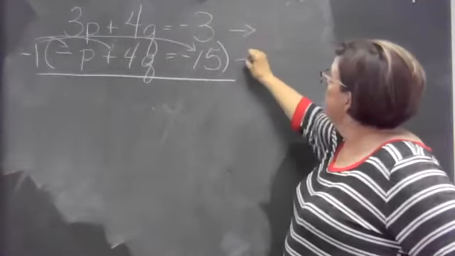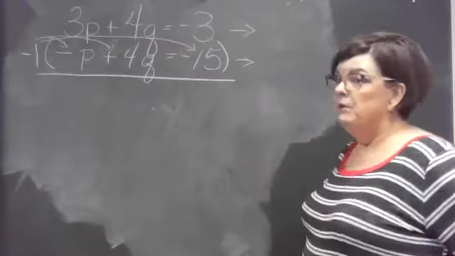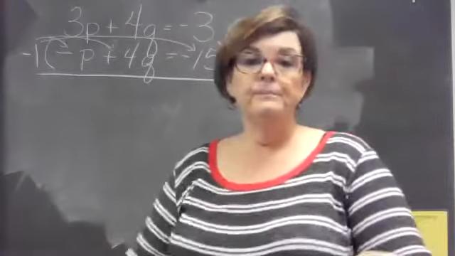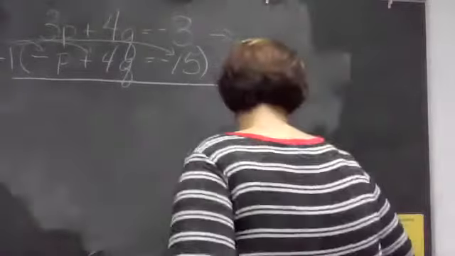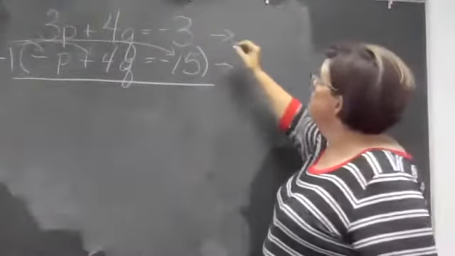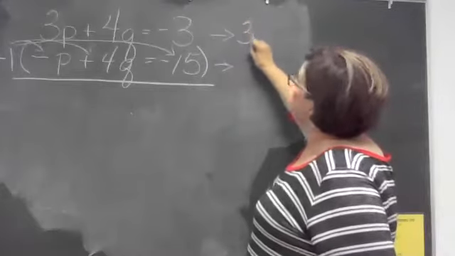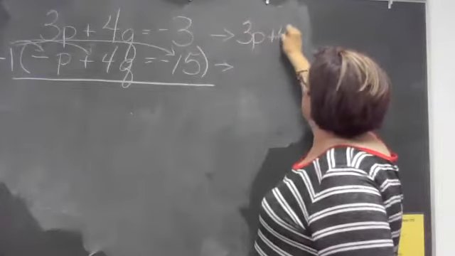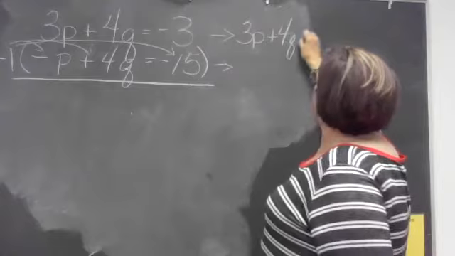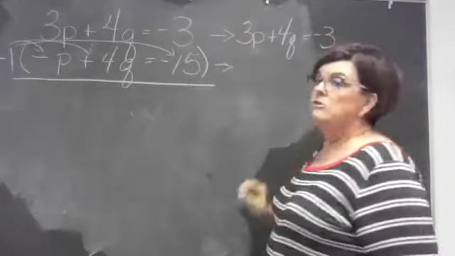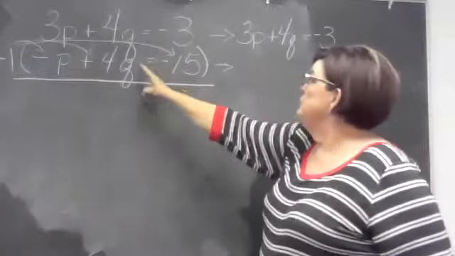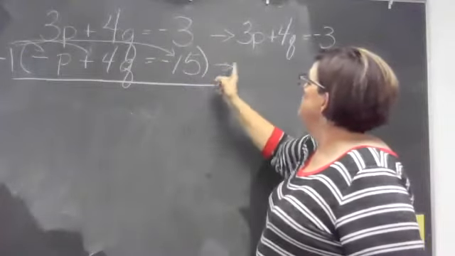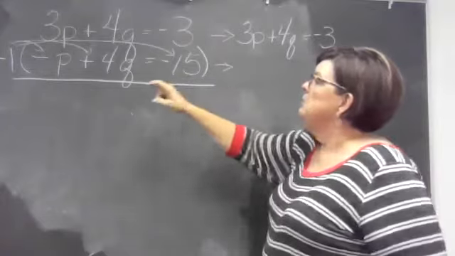So I have the same problem over here and not a big mess. The top equation, I didn't do anything to it. So I have 3p plus 4q equals -3. Then I changed this one. Don't put equal signs here. Put an arrow so things don't get mixed up.